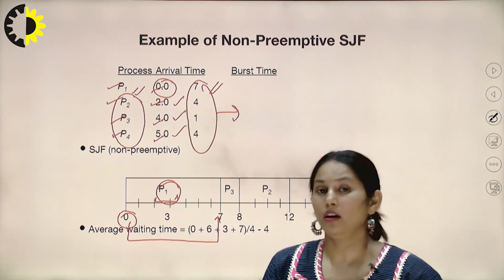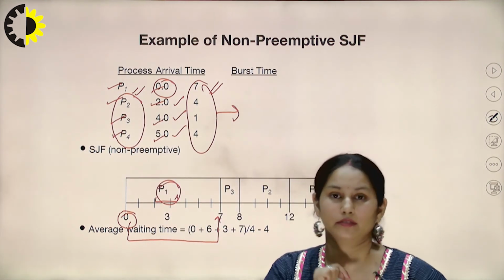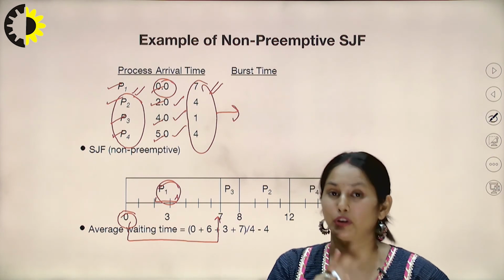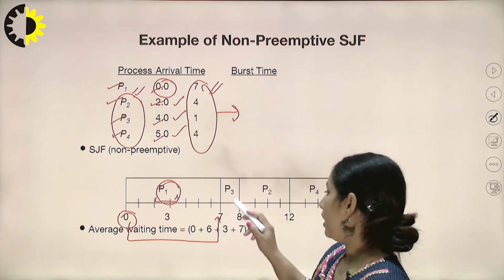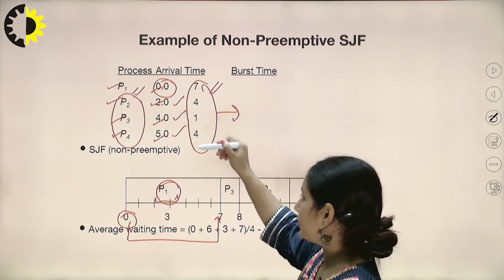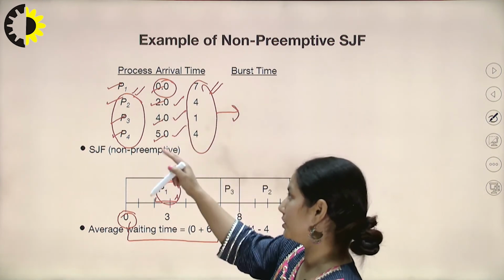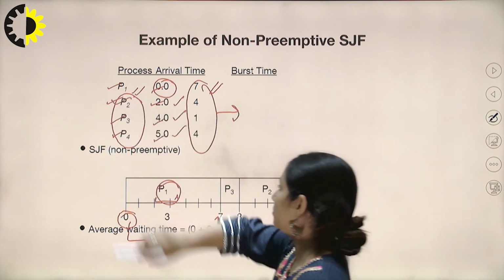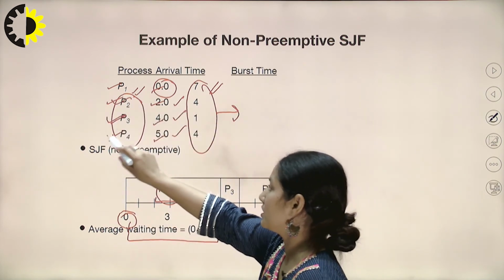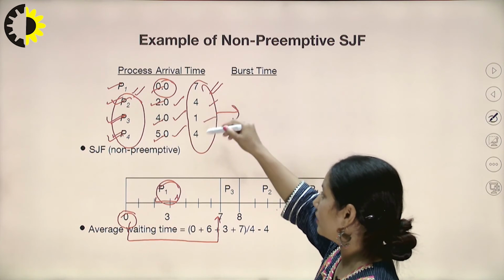Now the CPU scheduler will select which process needs to be executed. We have to see which has the smallest burst time among all these processes. P2, P3, P4 have burst times 4, 1, 4.